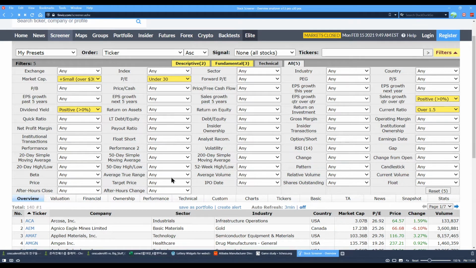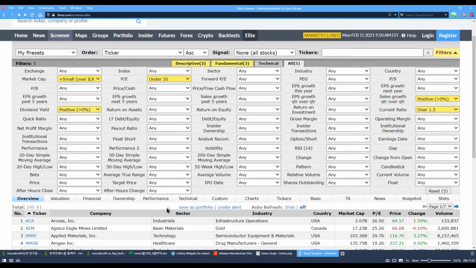So either they have to dip into existing cash, or they may even have to borrow money to continue to pay the dividend. If the situation doesn't change, such as revenue goes up or earnings go up, then the company will have to cut the dividend, reduce dividends. So generally speaking, the lower the payout ratio is, the better.